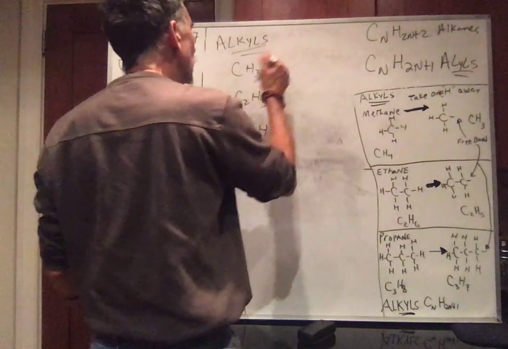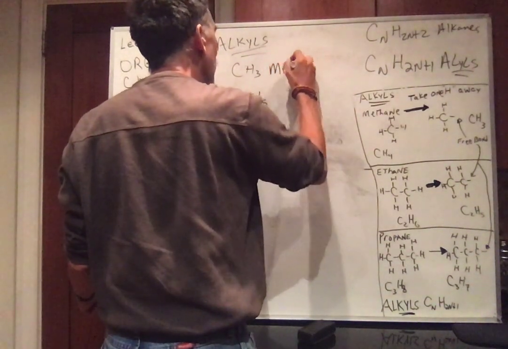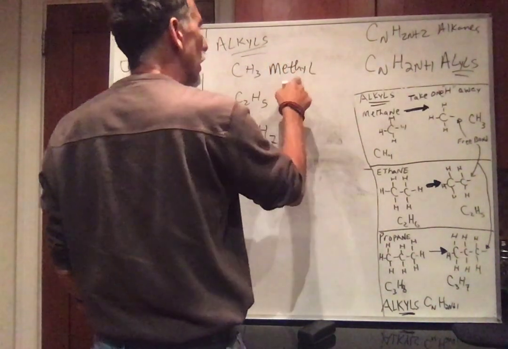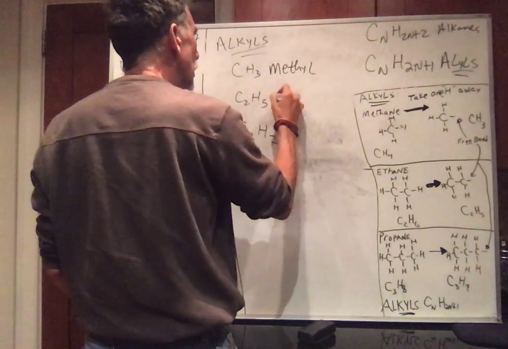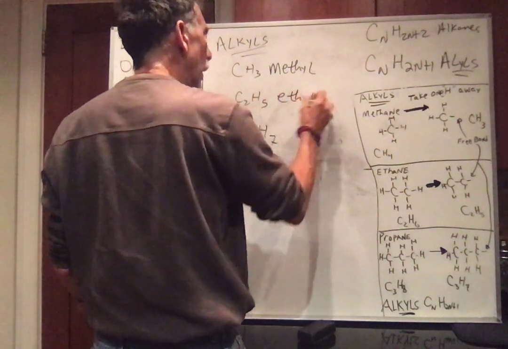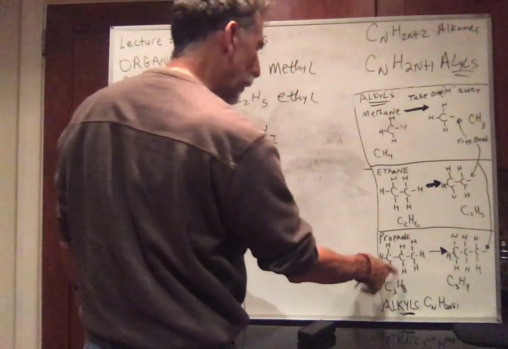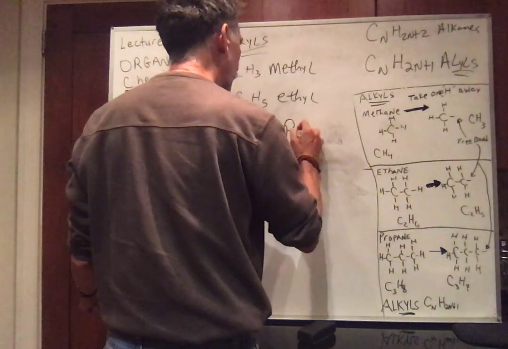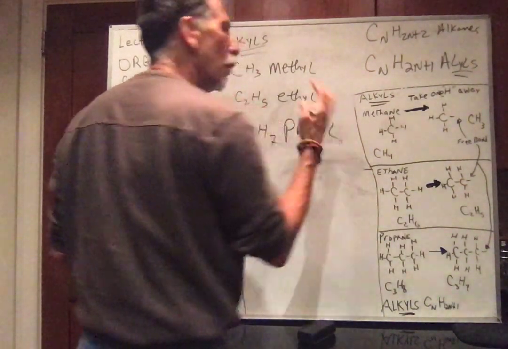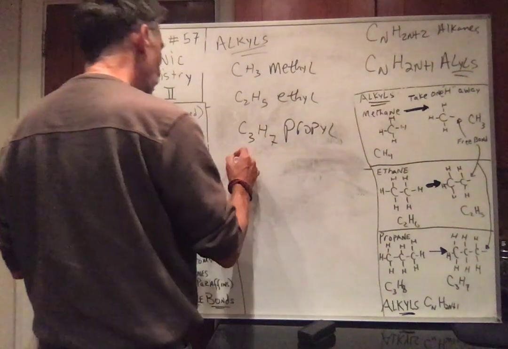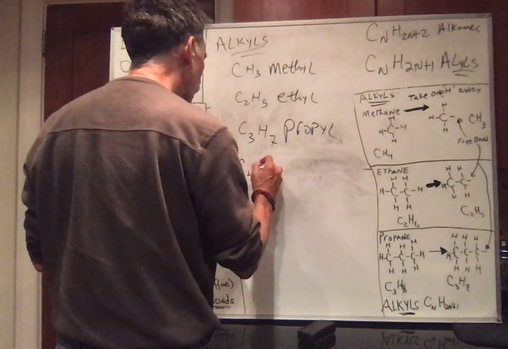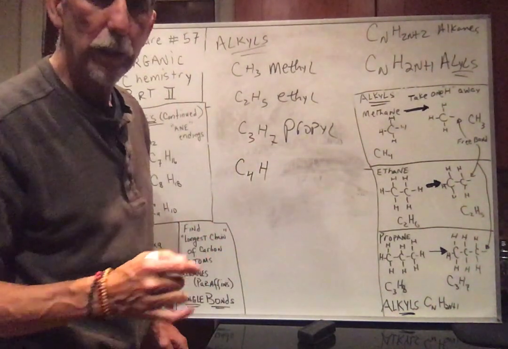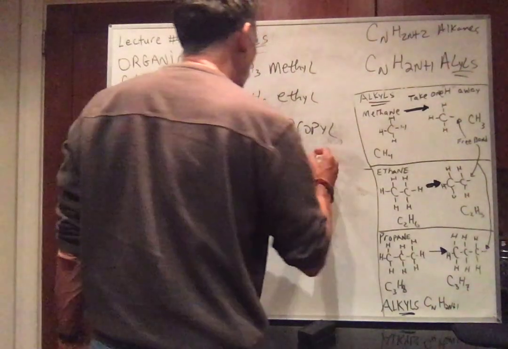So CH3 is methyl. C2 is ethyl. C3 was propyl, like propyl alcohol. C4, can you figure this out for an alkyl? So here I want butyl.